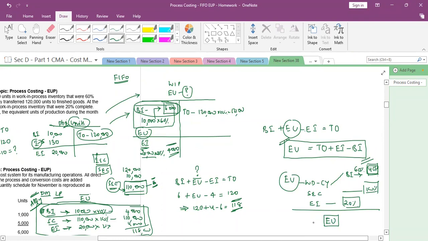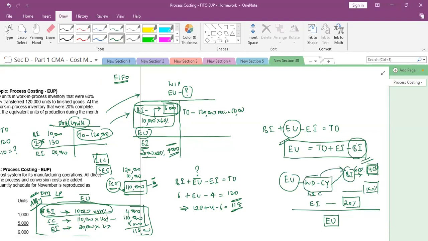So now my question arises: why here is beginning inventory deducted and why here is beginning inventory added? Because the beginning inventory portion which was completed last year, we are deducting that, and we are taking for the current year what is being completed.